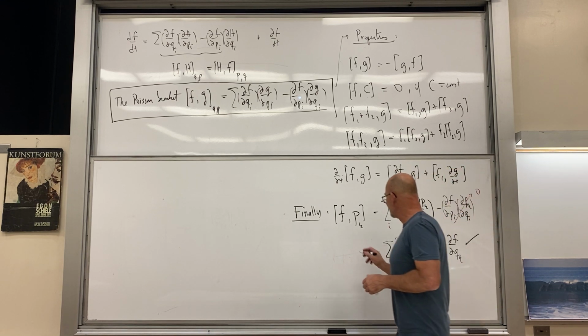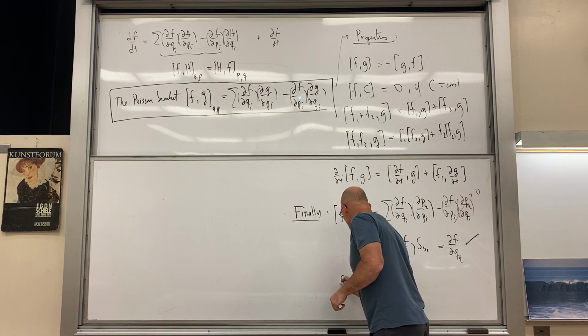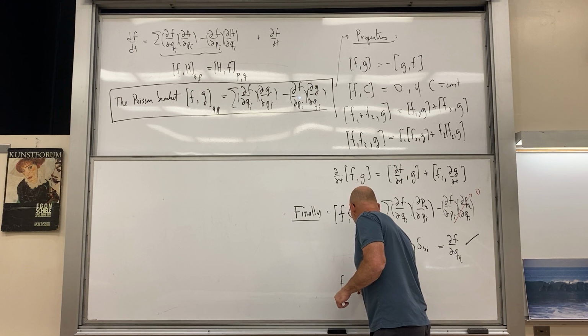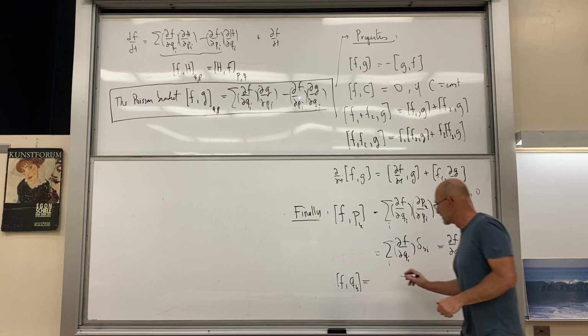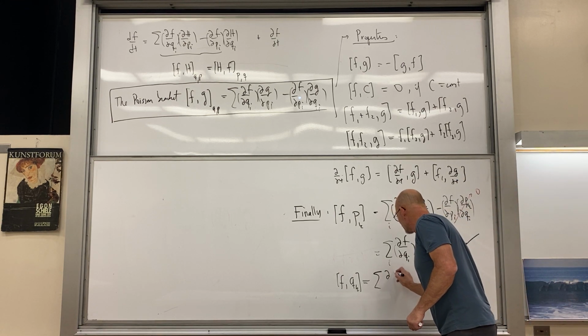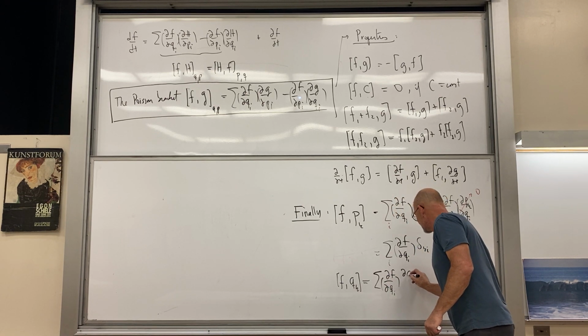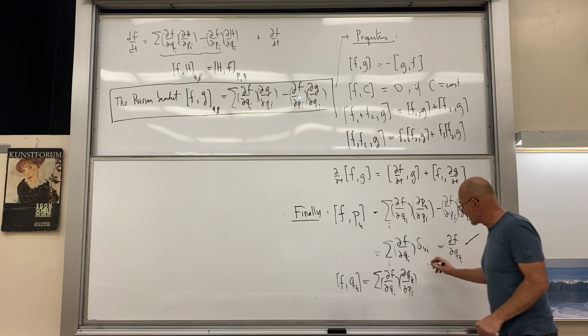And we can do the same thing. F with q sub k is the sum over the partial of f, partial q sub I, of q sub k p sub I. Of course, these are all going to vanish trivially.